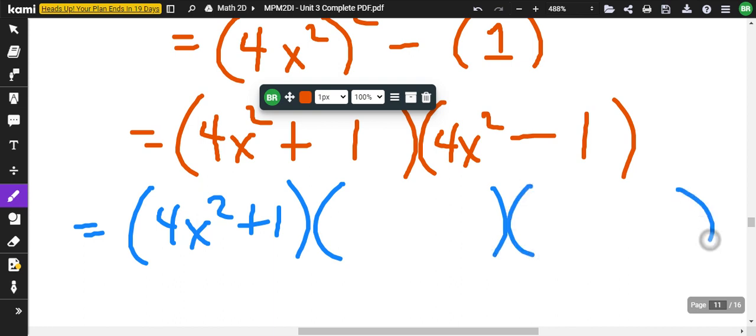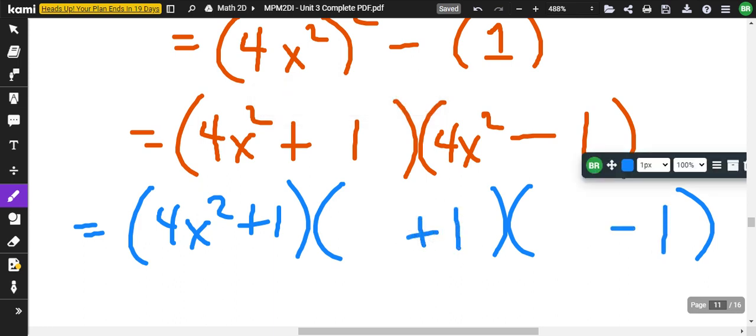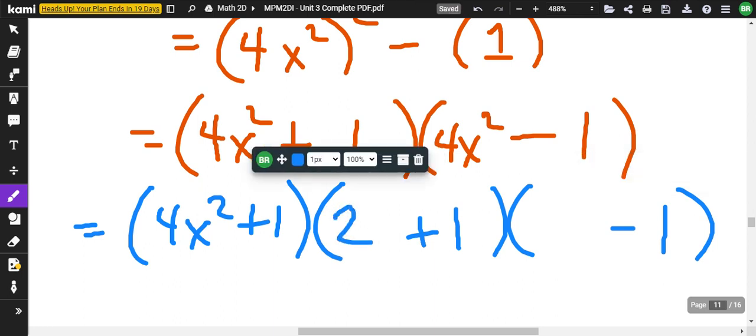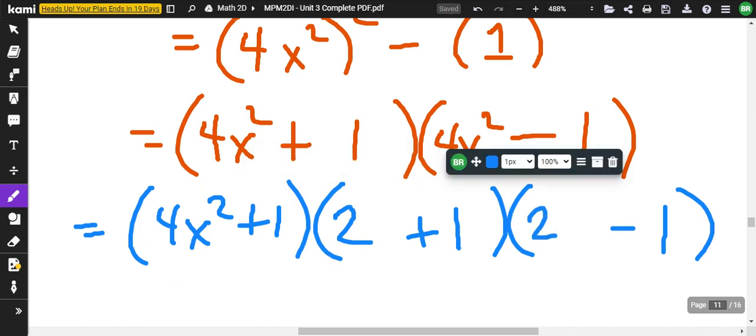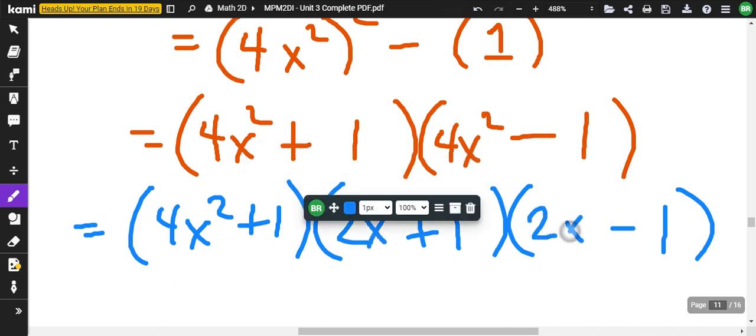But the next one can be factored difference of squares style again. A 1 in the back both times because 1 squared is 1 still. Square root of 4 is 2. And x squared means I got an x in the front.